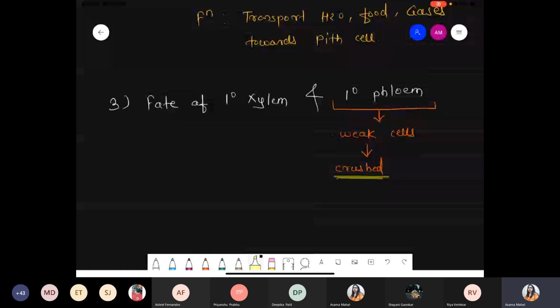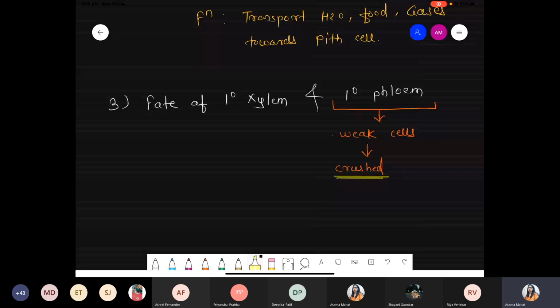We just discussed, as compared to xylem, xylem is made of stronger cells obviously, because out of the four cell types in xylem, three are dead cells, which means they are stronger because they provide mechanical support. But in phloem, the only dead cell present is fiber. All the other cells, that is sieve cells, companion cells, phloem parenchyma, are living cells, and living means very delicate, very weak cells. So those weak cells readily get crushed.